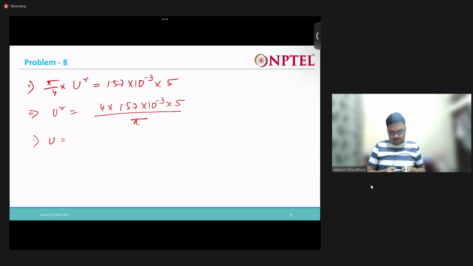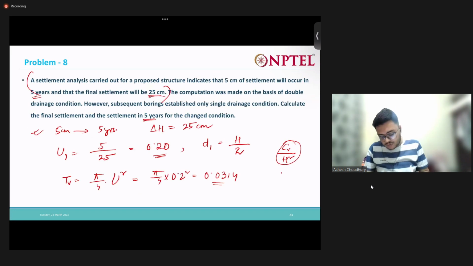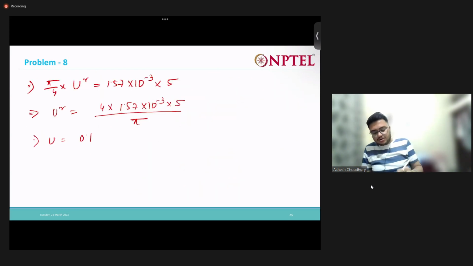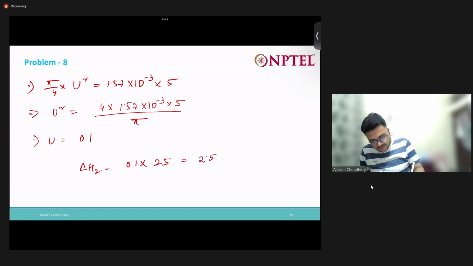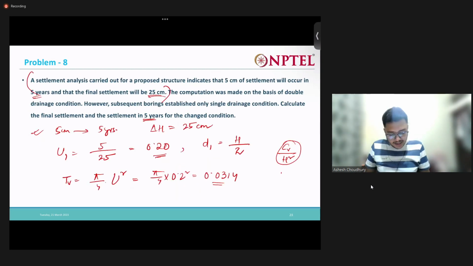U is 0.1, that means 10% settlement will occur. If my final settlement is 25 centimeter, the settlement actually occurring will be 0.1 into 25, that is 2.5 centimeter. So if we consider double drainage, my settlement in 5 years was 5 centimeters.